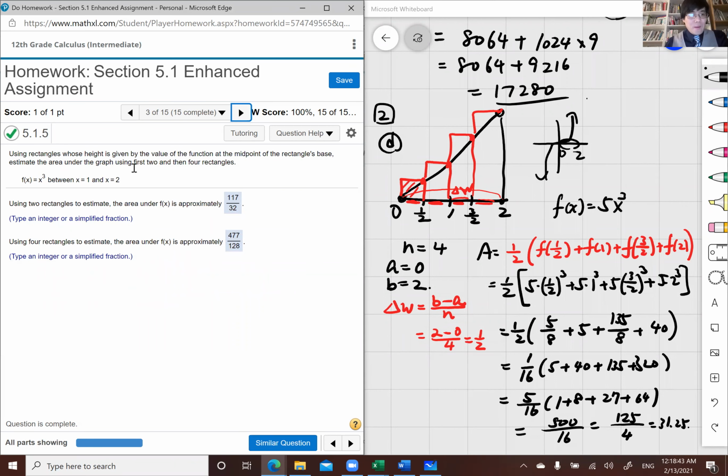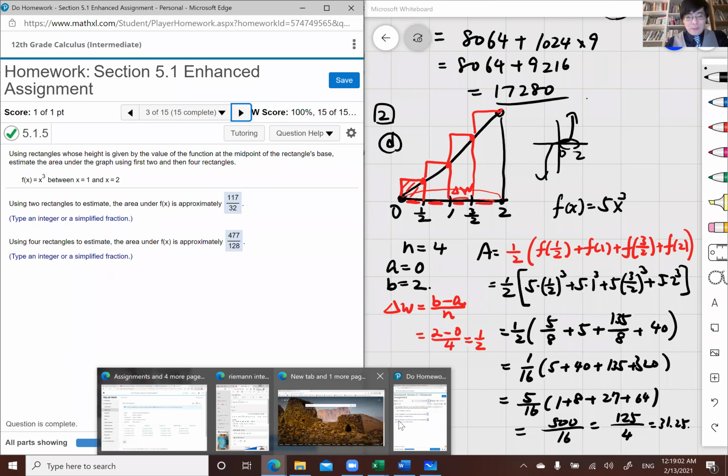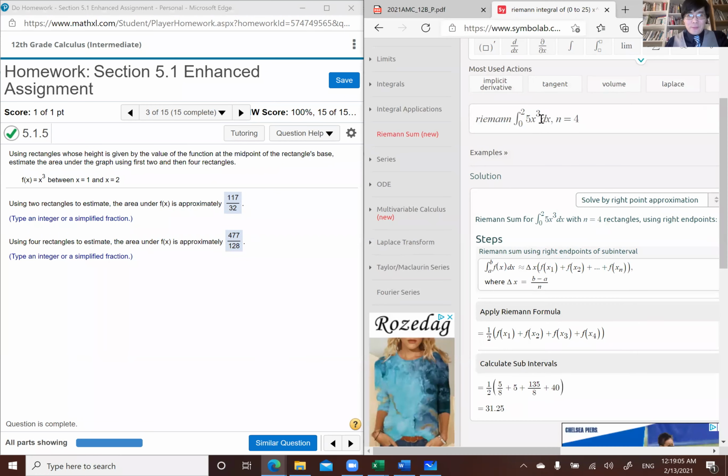Next, using rectangles whose height is given by the value of the function at the midpoint of the rectangle's base, estimate the area under the graph using first 2 and then 4 rectangles. So it is just using a midpoint. If we are using the calculator, it's quite simple.